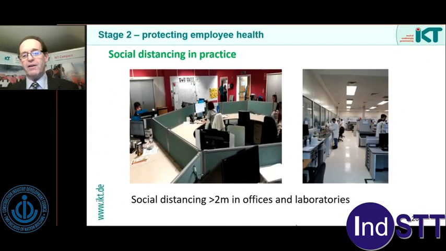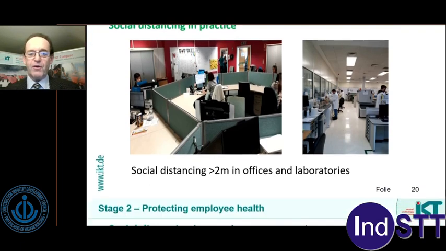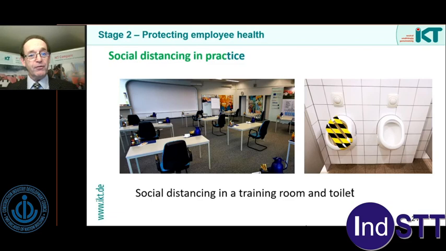In offices and in laboratories, the same thing, having to maintain the distance. And right down to a couple of pictures from IKT here, we were able to maintain some training, but with reduced numbers of people and distance between them, and a very simple ruse here on the right to ensure that only one person was using the conveniences at a time.